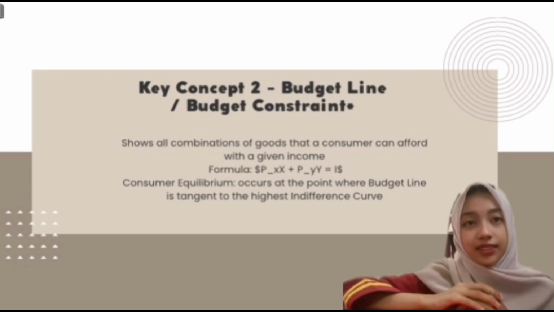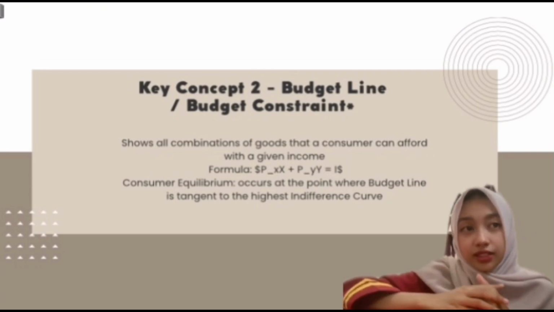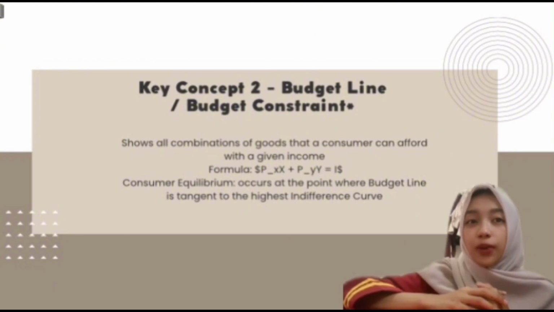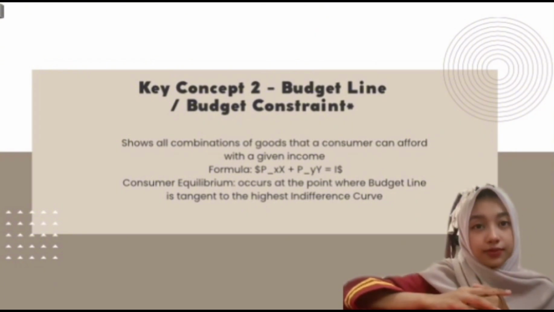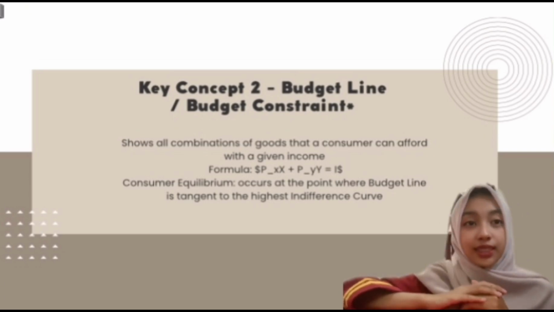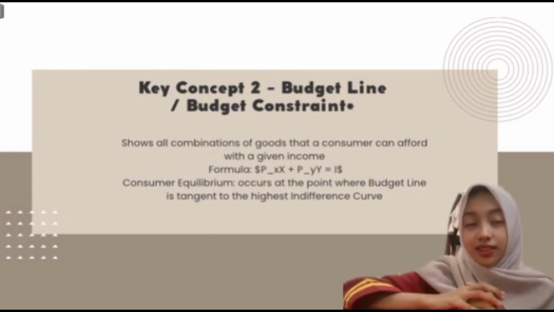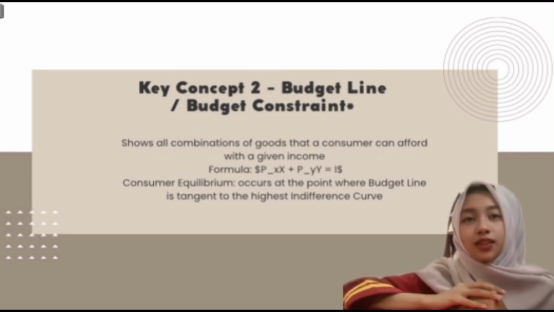This happens at the point where the budget line is tangent to the highest possible indifference curve. At this point, the consumer gets maximum satisfaction without exceeding their budget. So basically, this is the best deal for the consumer.